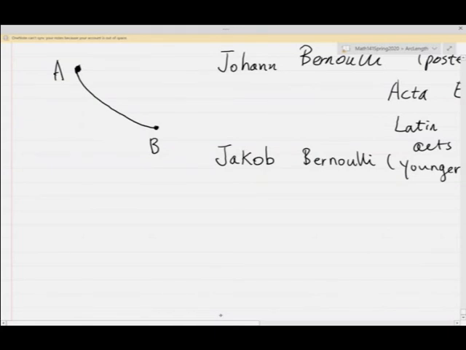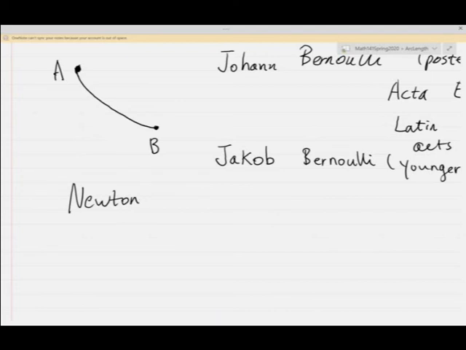Isaac Newton is not super interested in this mathematical problem. He's more interested in physics. Once Newton received the letter from Johann Bernoulli, he started working on it. Just in one night, he solved this problem.